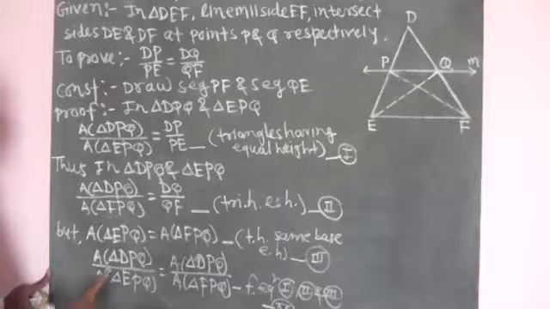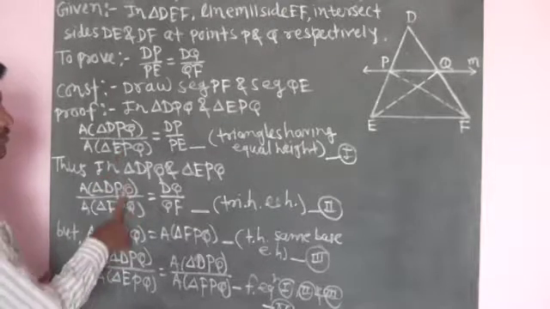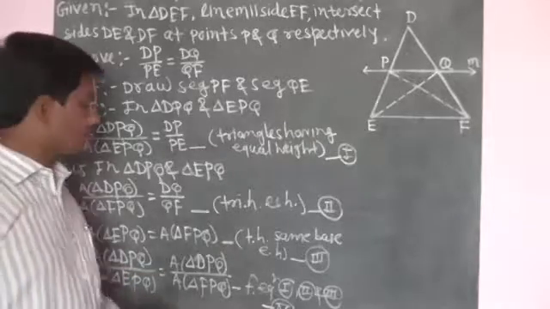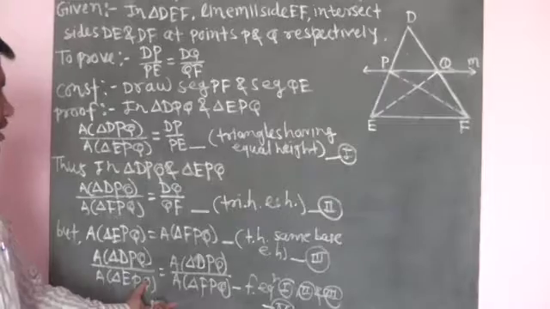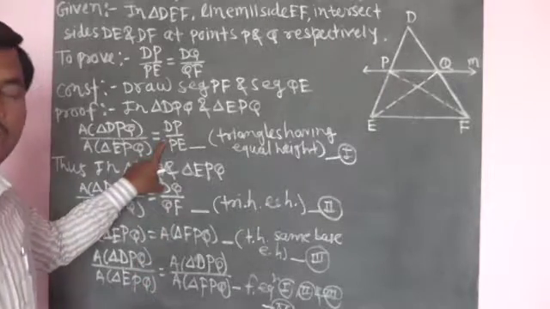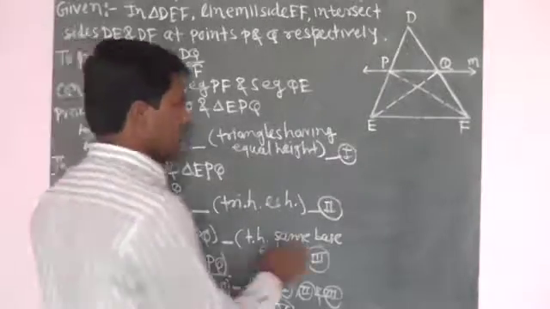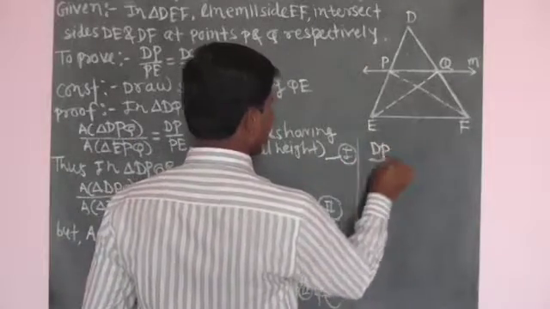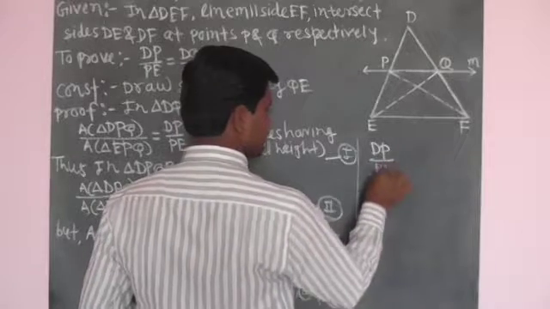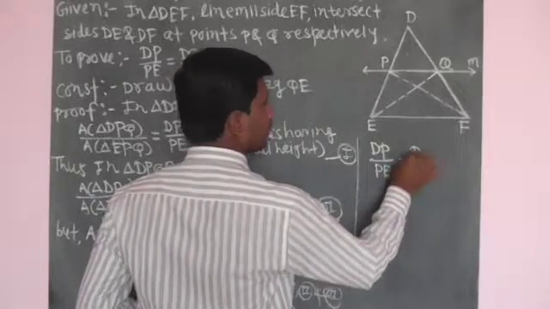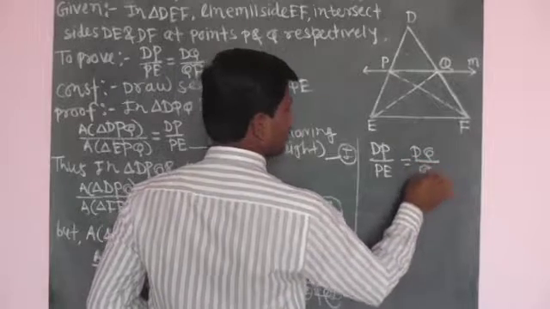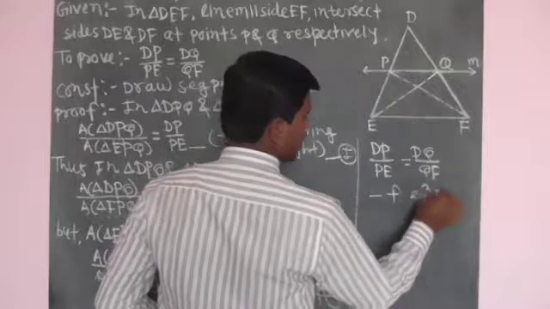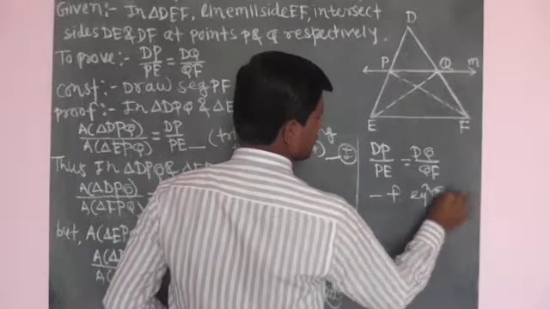Now from equations 1, 2 and 4, the left hand sides of equations 1 and 2 are equal in the fourth equation, therefore their right hand sides are also equal. Therefore, from equations 1, 2 and 4 we get DP upon PE is equal to DQ upon QF.